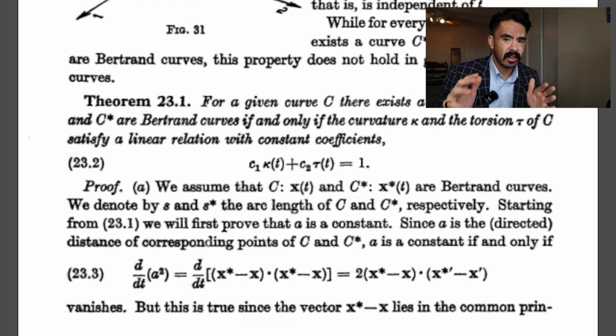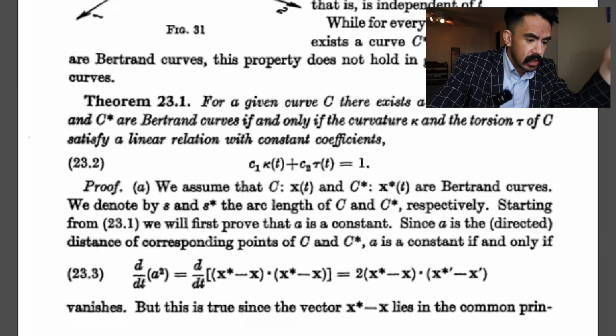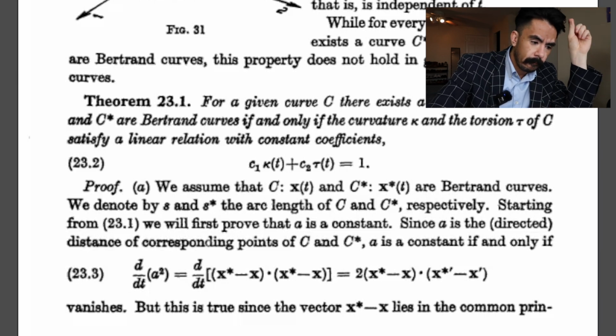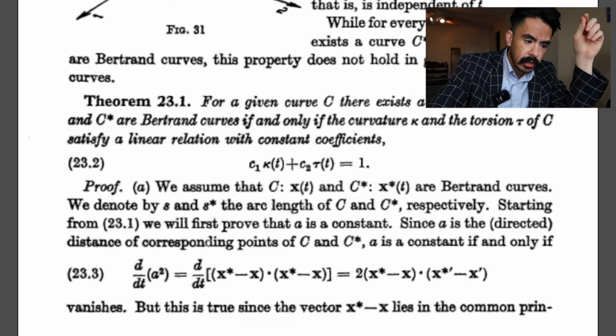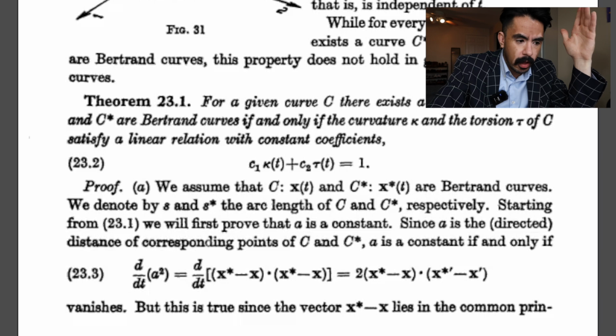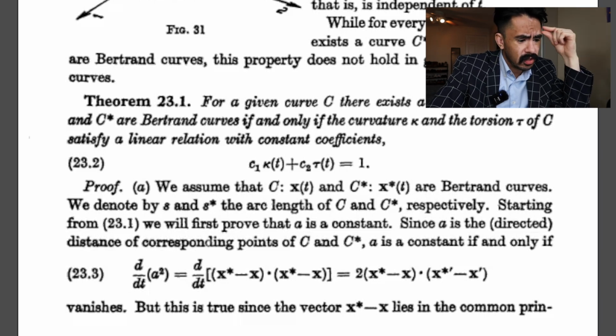So this is then equal to 2 times the scalar product between x star minus x and x star prime minus x prime.